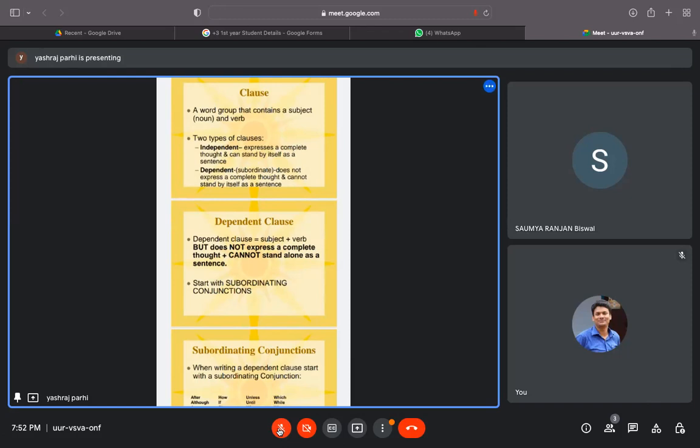And finally, the wrap up. Phrases contain either a noun or a verb or neither. They are not complete thoughts and they cannot stand alone, but they act as another part of speech.